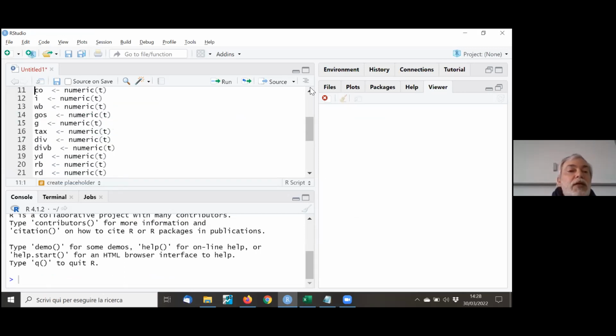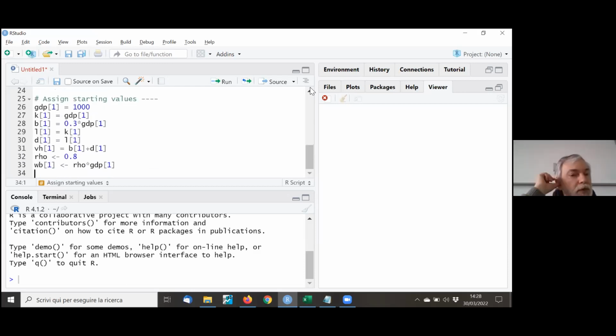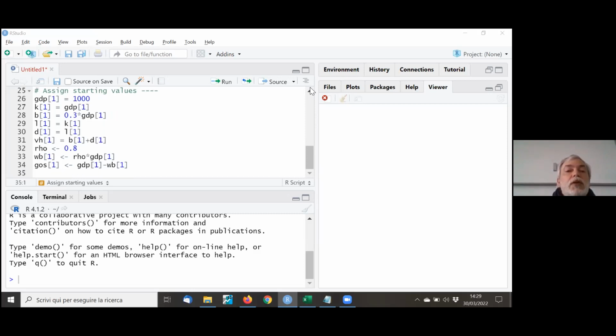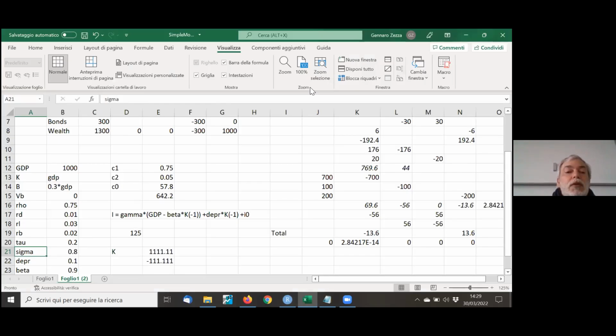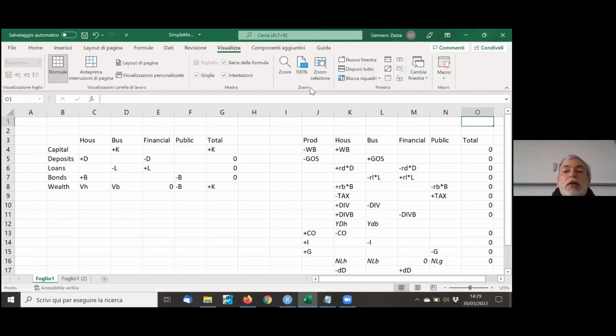And did we create a space for YB? Yes. Then GOS1 is equal to GDP1 less WB1. These interest payments do not need to be computed other than for the disposable income.